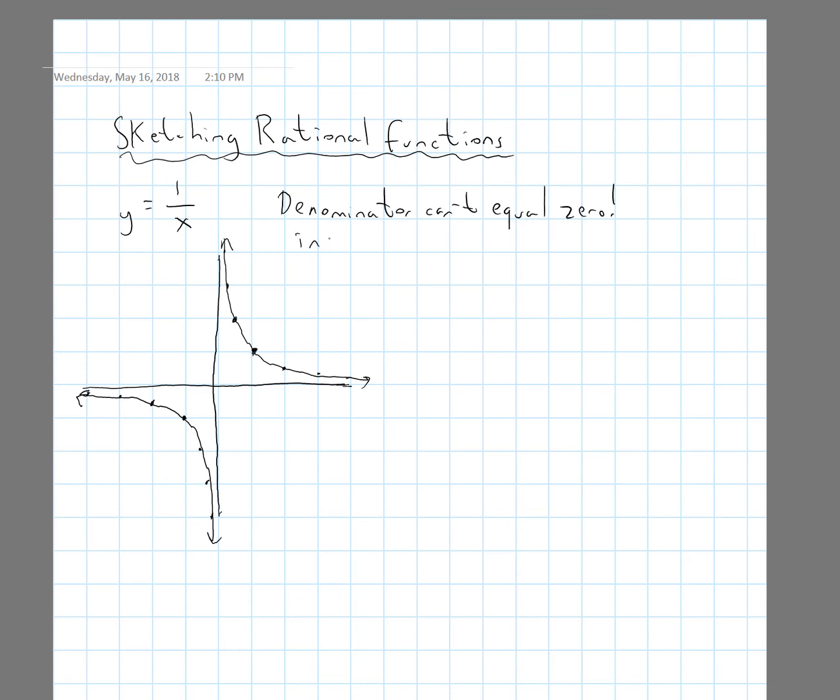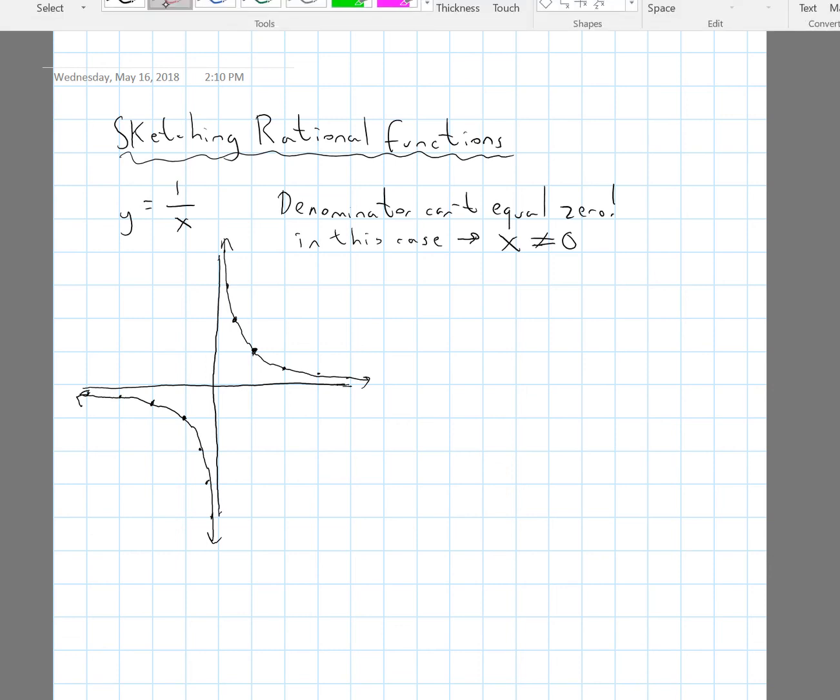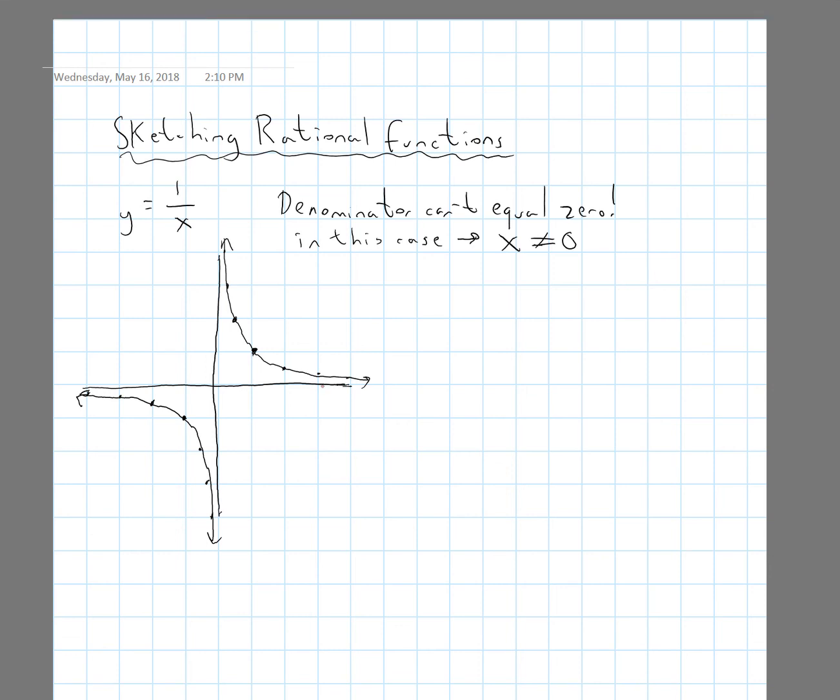So in this case, x can't equal 0 because the entire denominator is x. And we can see that over here, we can really come close to this y-axis where x should be equal to 0, but we're never actually going to have an x value of 0.